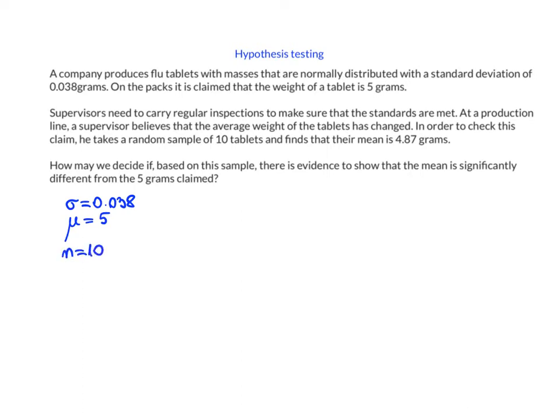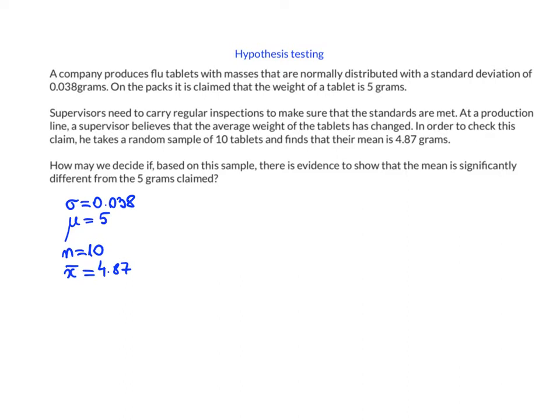Take n tablets and find that the mean of this sample is 4.87 grams. So the question is, is this 4.87 grams too low? Or do we decide that it's close enough to 5 and the company produces the correct weight of tablets? So that's what we need to decide.